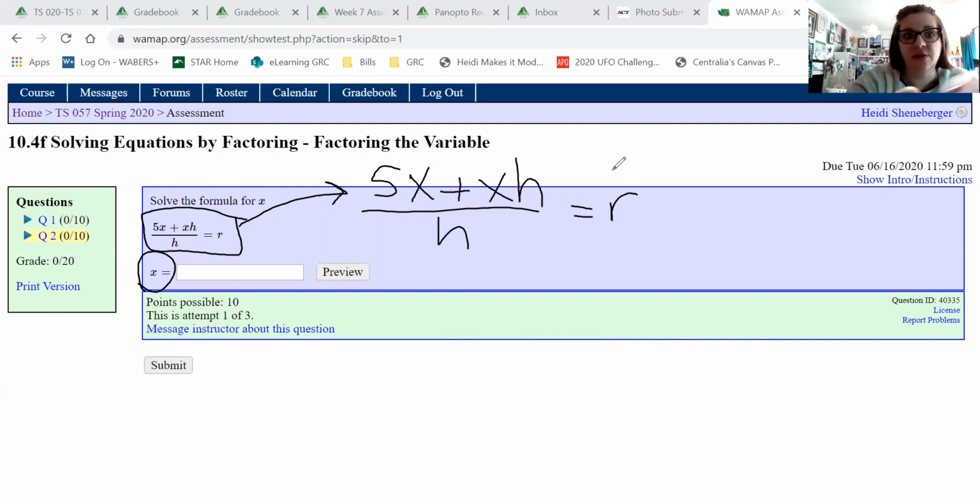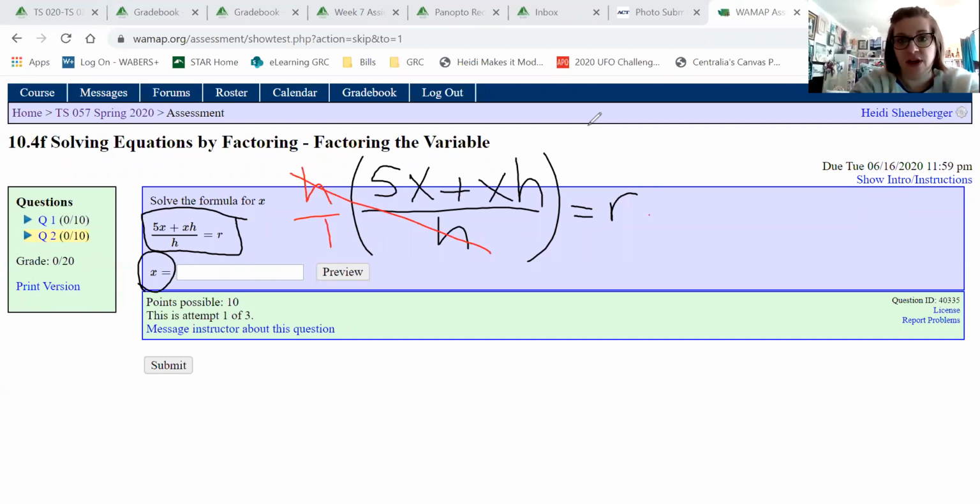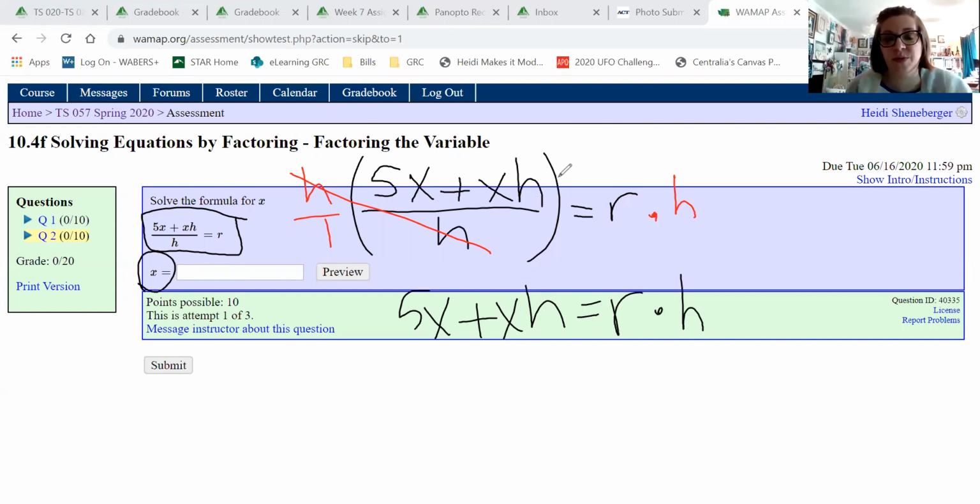Like the other video said, the first thing that I want to do is times it by H over 1, because that's going to get rid of that fraction. Over here, I'm just going to times it by H, because I don't want to have to deal with fractions. Who wants to deal with fractions, right? Not you or I. So now I have 5x plus x times h equals r times h.